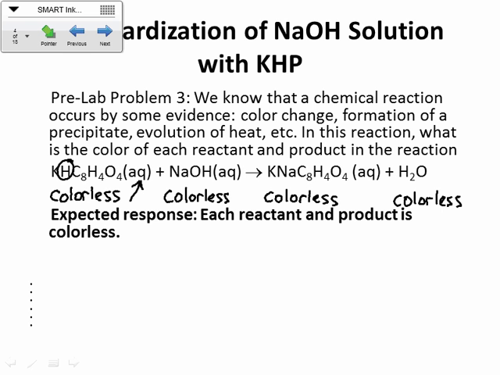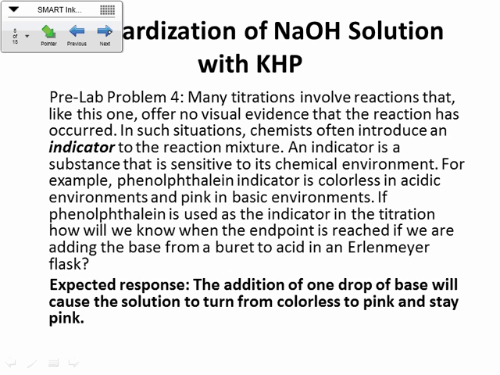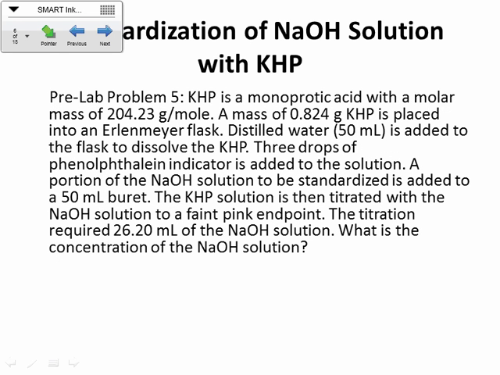And that H+ is going to react with this OH- in a nice 1-to-1 ratio, so that makes our calculation kind of easy. The problem is we have to figure out how many moles of H+ we actually have. But that's not that hard because we have a mass of KHP and we have the molar mass of the KHP.